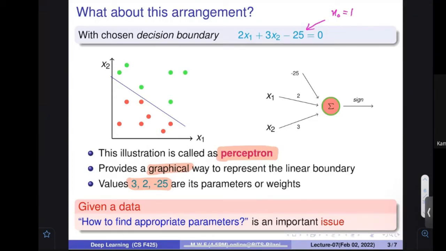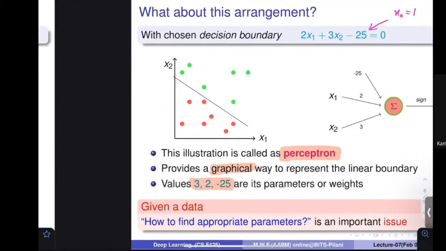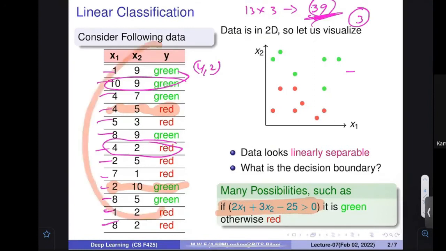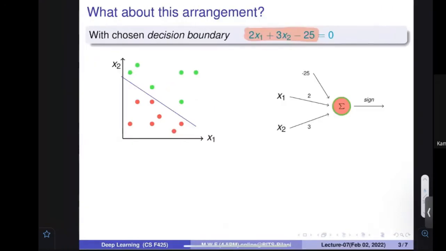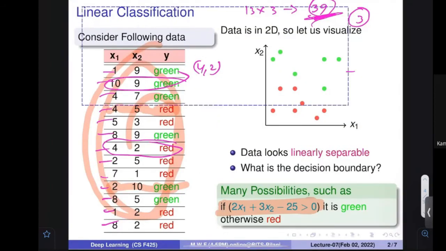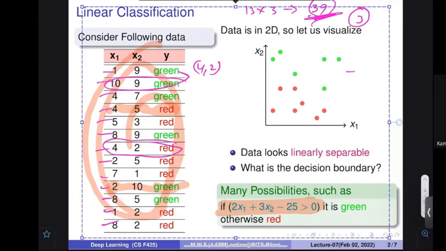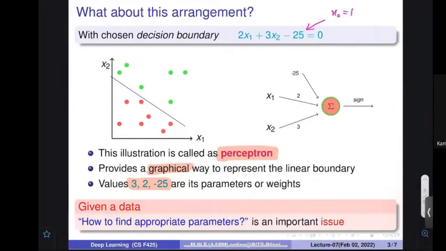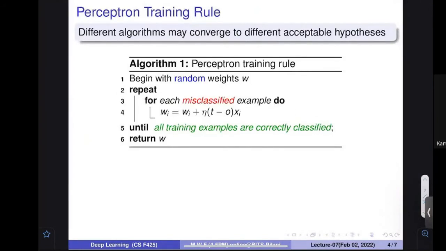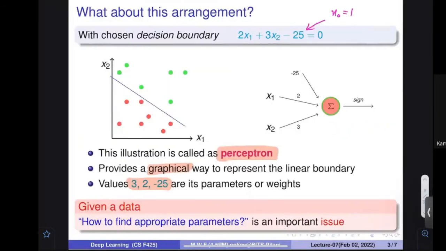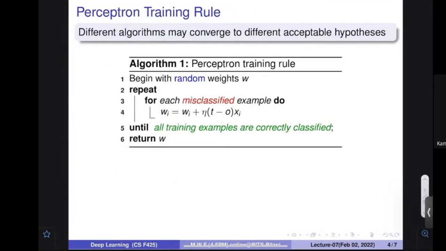Okay, so now I want to find the right parameters. My question is this: a database of this particular kind is given to me, and I want to find out what the right parameters are for that database. So again, we have a perceptron, and if we want that perceptron to learn, I am going to tell you a procedure, an algorithm, that you are going to execute to find the right parameters.